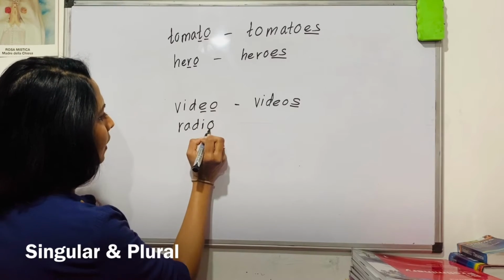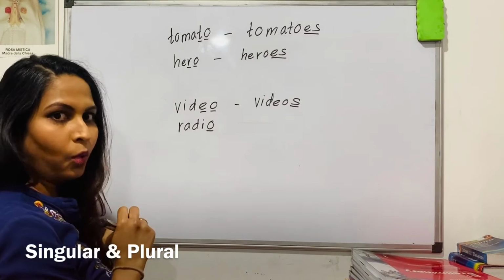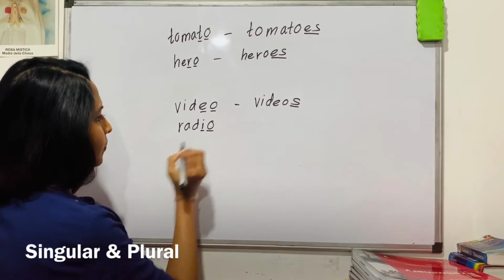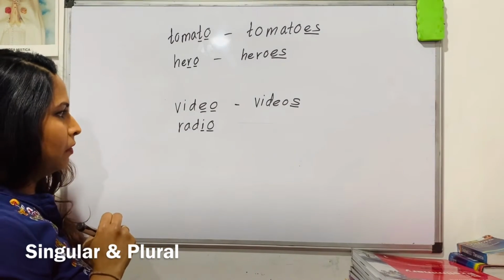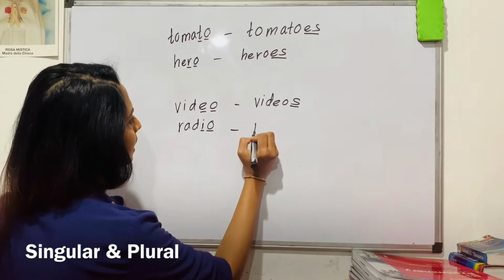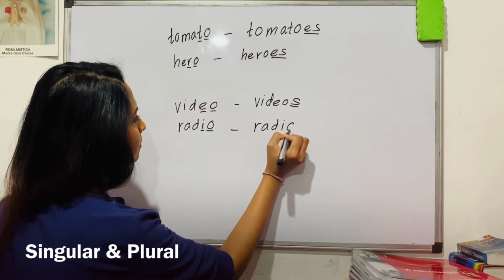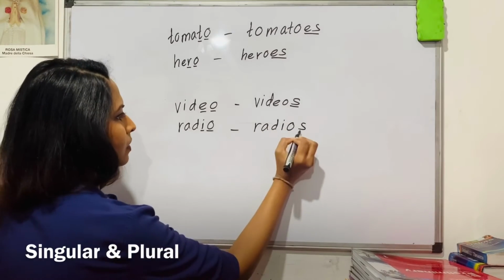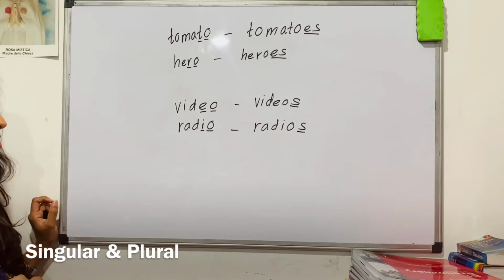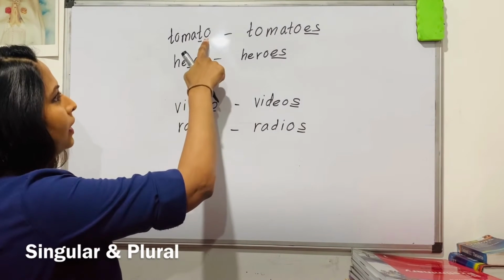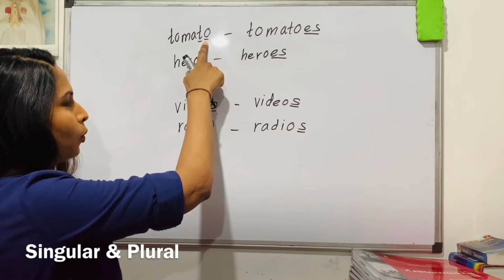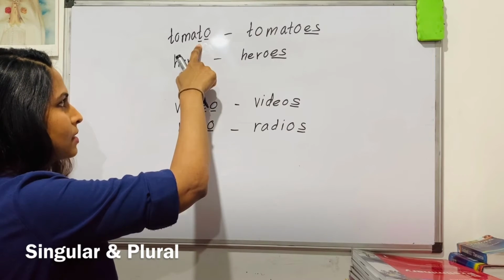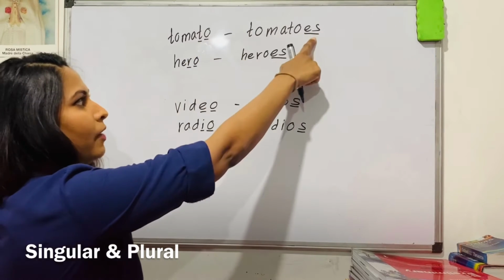Radio. The last letter is O and before that there is a vowel. So it becomes radios. We just add an S. Tomato, if the word ends in O and it has a consonant before that, you have to add ES.